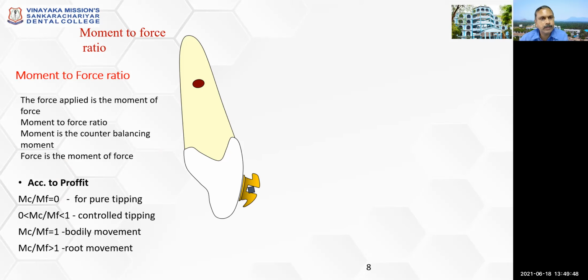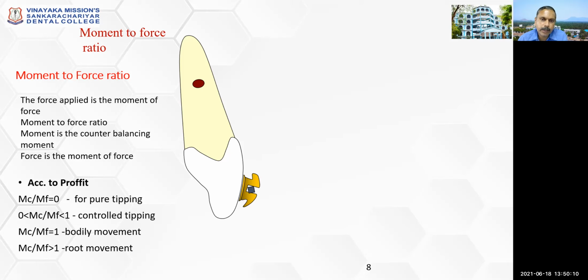So if a force is applied, that is to be countered by another force, which gives you control of your movement. So the force applied is the moment of force. Again, moment to force ratio is the counterbalancing moment to the moment of force.